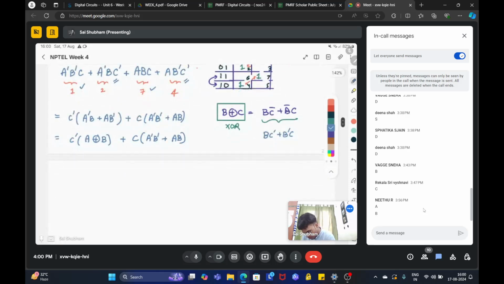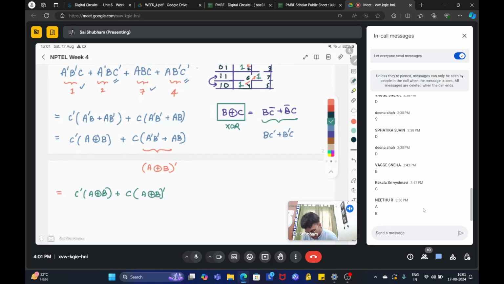Now suppose this term is A or B bar, then the entire expression can be written as C bar (A or B) plus C (A or B whole bar). Fine.